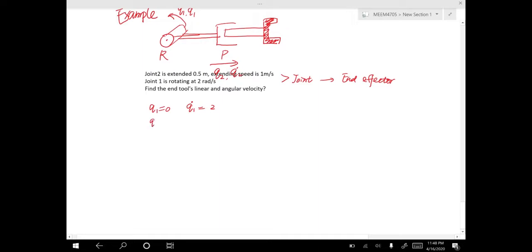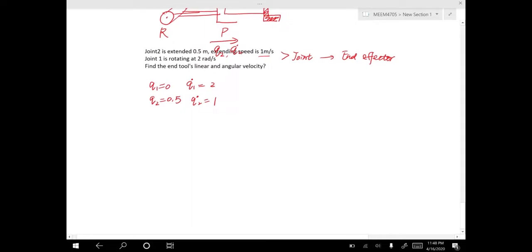And Q2 is the position, so Q2 extended 0.5 meters, so Q2 is 0.5. And Q2 dot is the velocity of this joint, so that is 1 meter per second. Then what is the end tool's linear velocity and angular velocity?